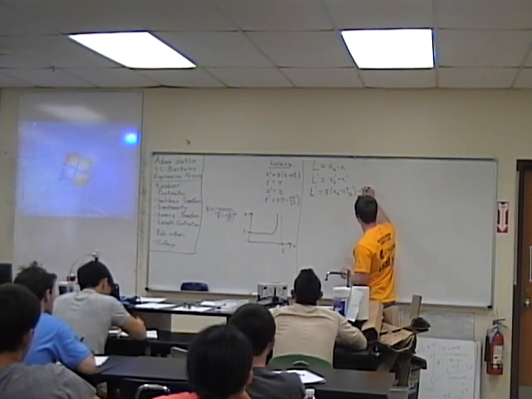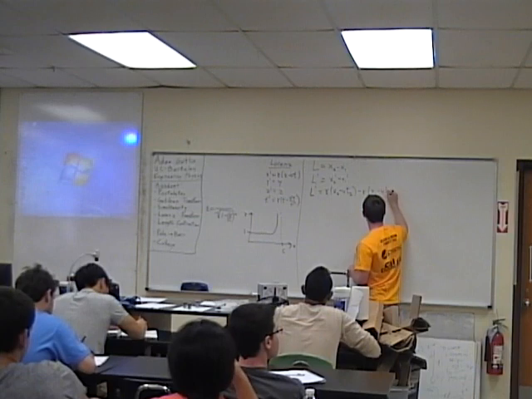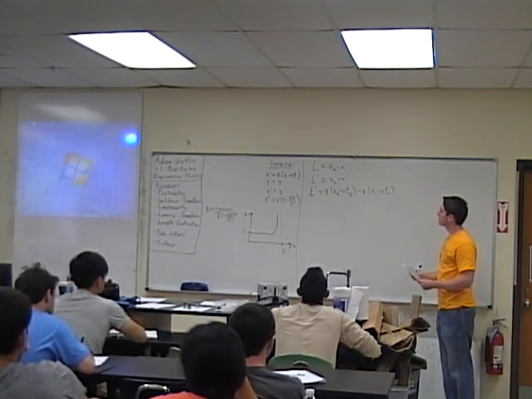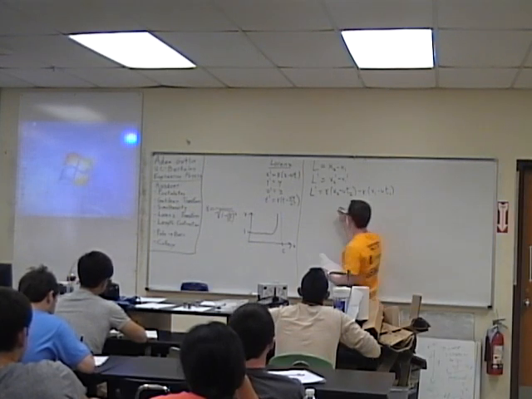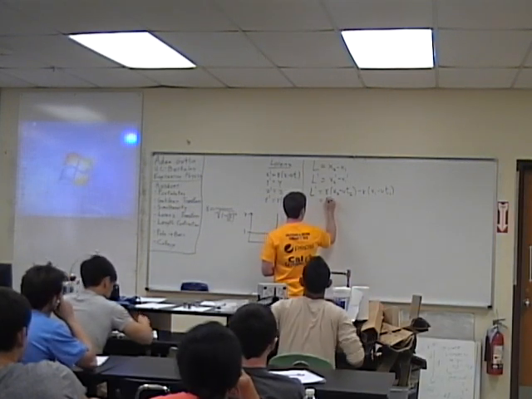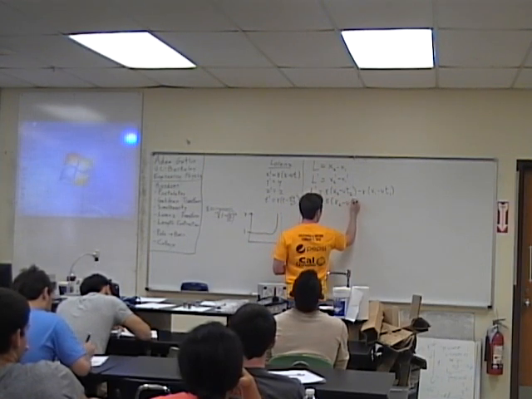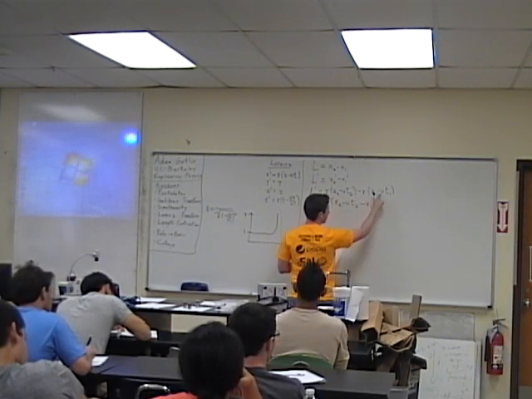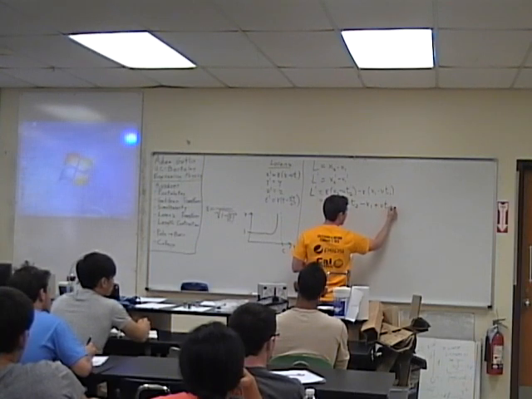Minus gamma (x1 minus v t1). Okay? Let's factor out the gamma and put everything else in the parentheses. So we have gamma (x2 minus v t2 minus x1 plus v t1).